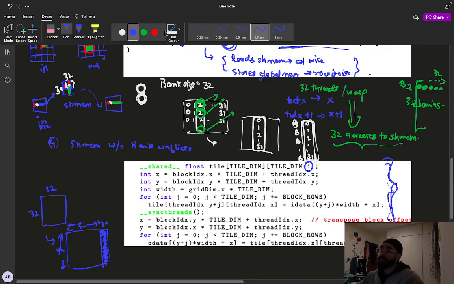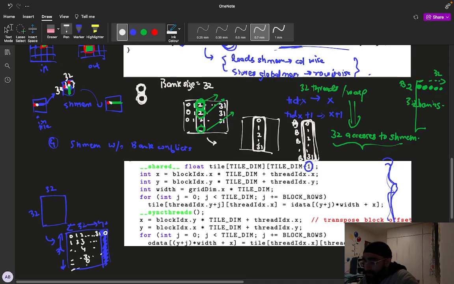However, now we won't have bank conflicts because of the way the data is stored in the shared memory. So I'm representing the banks to which these data locations in the shared memory are mapped. This maps to bank number 0, 1, 2, 3, 4, up to 31, then 0, 1.